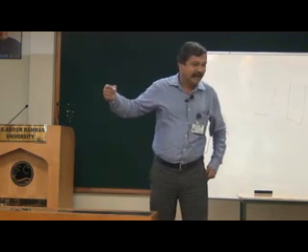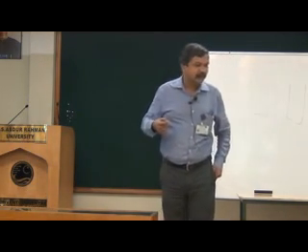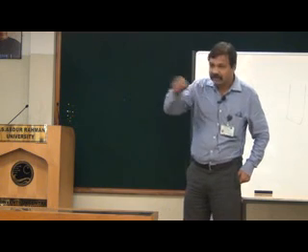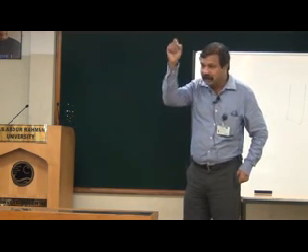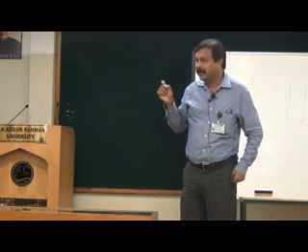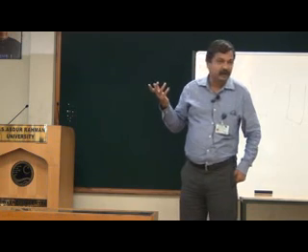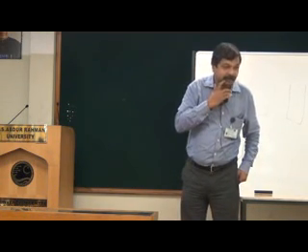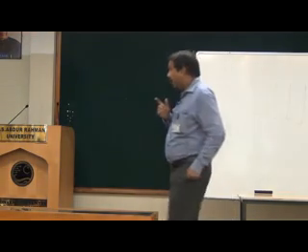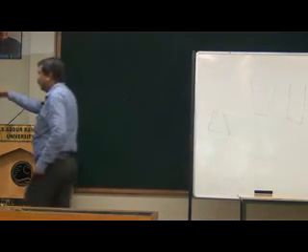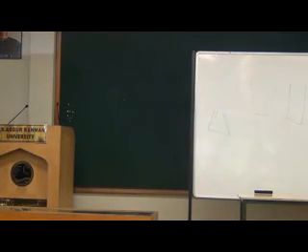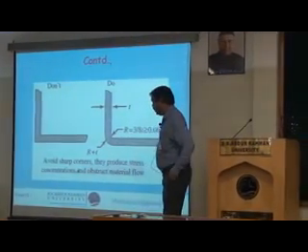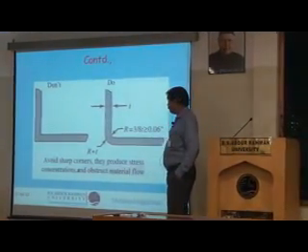The moment you start writing, the pencil tip will break, because you are applying a certain force, the writing force, and your tip is so sharp it is not able to even withstand that force. So a sharp point is also a weak point, and you should not have sharp points in your design. You should always provide a radius. Next slide please.